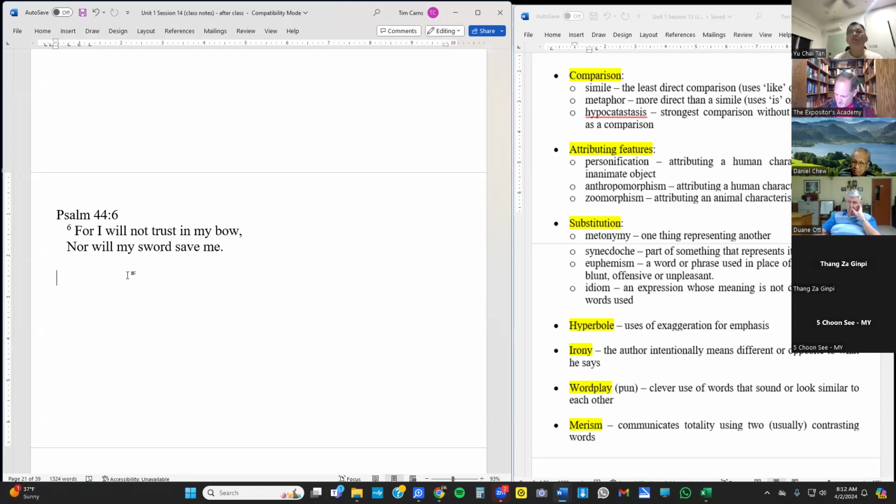He just said my bow, so maybe like a personification or anthropomorphism. I don't think so, there's nothing here being attributed to human characteristics. It's actually a tough one. Notice he says, I will not trust in my bow or my sword.